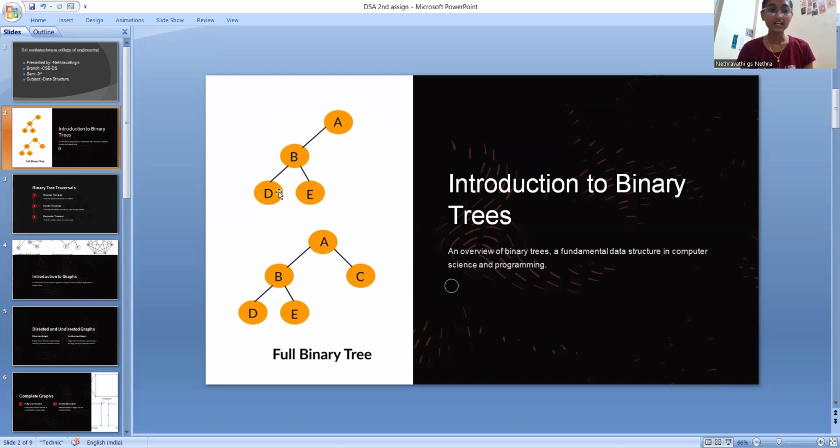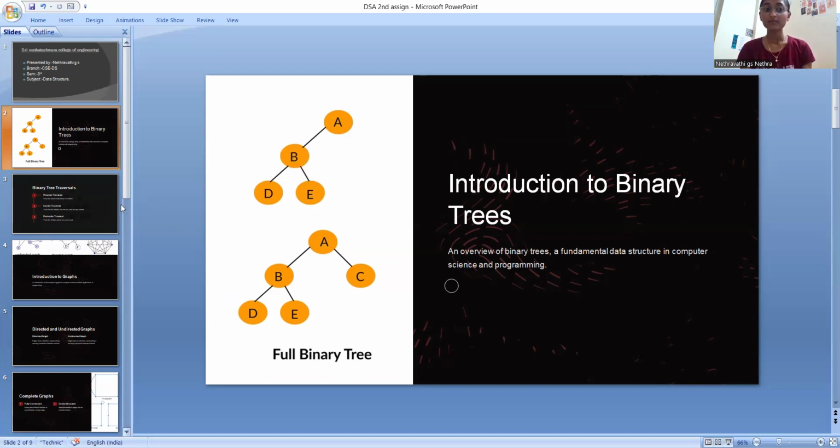In post-order traversal, B comes last. First is D, then E, and then B. In in-order, D is first, B is second, and E is third.